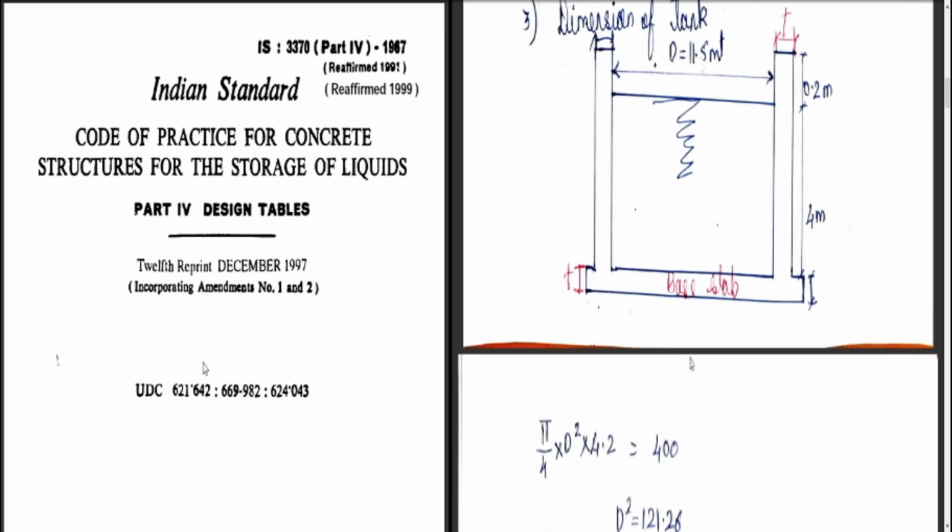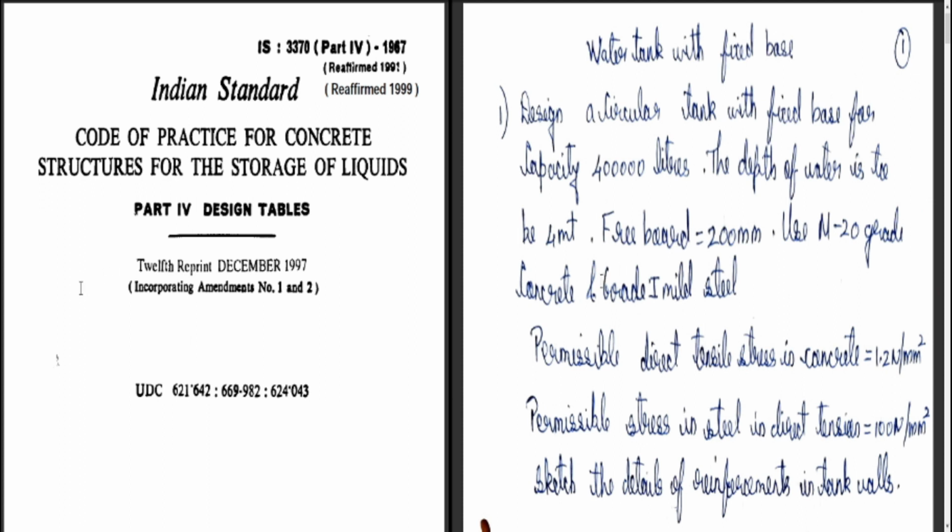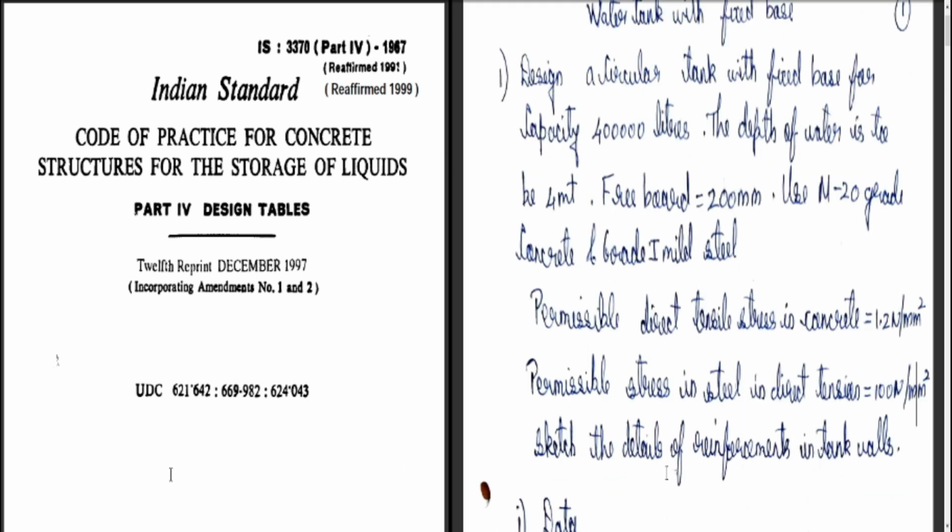So this is the question. They have also given the permissible direct tensile stress in concrete 1.2 Newton per mm square, and permissible stress in steel in direct tension 100 Newton per mm square. Sketch the details of reinforcement in the tank walls.